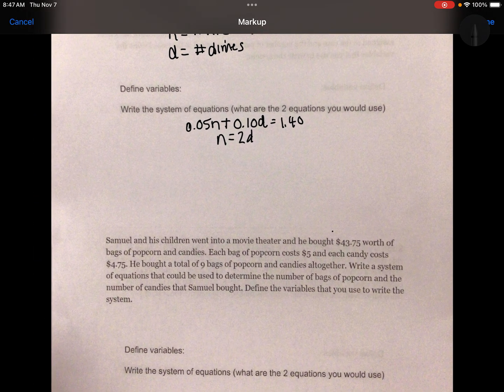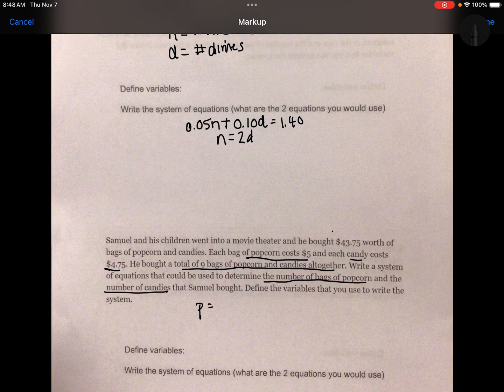Okay. And then the last one, Sam and his children went into the movie theater and bought $43.75 worth of bags of popcorn and candies. Each bag of popcorn cost $5. Each candy cost $4.75. He bought a total of 9 bags of popcorn and candies altogether. Write a system of equations to determine the number of bags of popcorn and the number of candies.